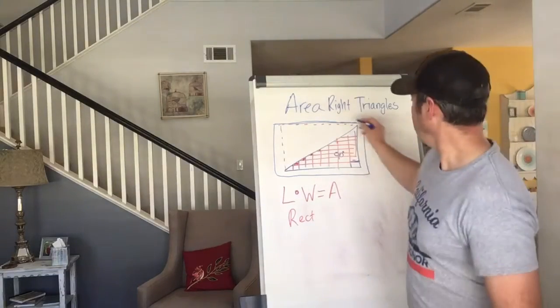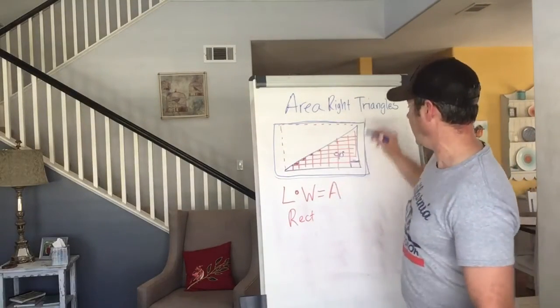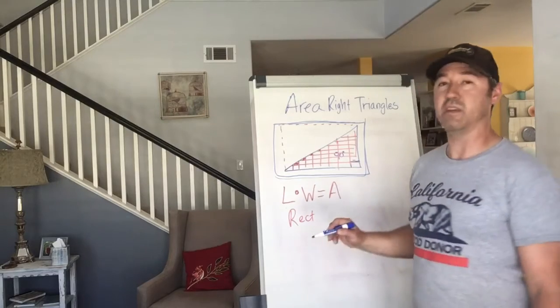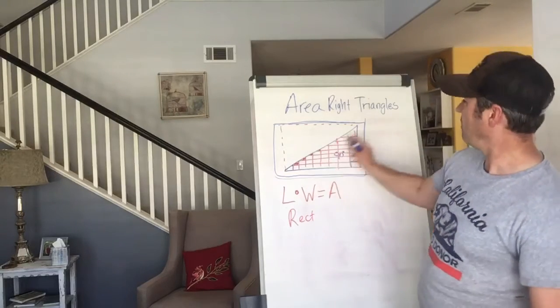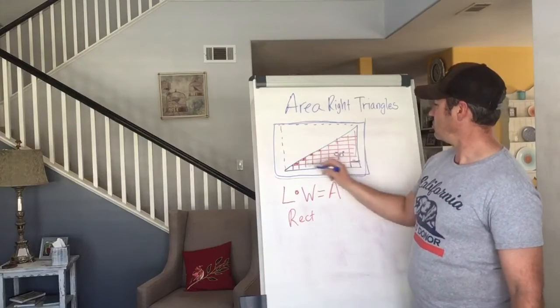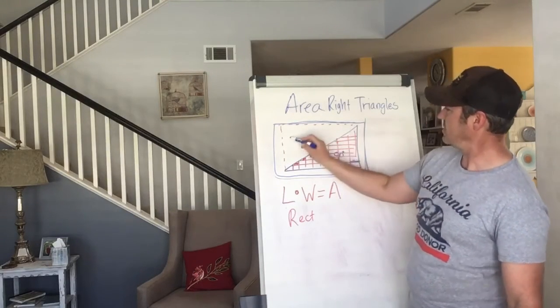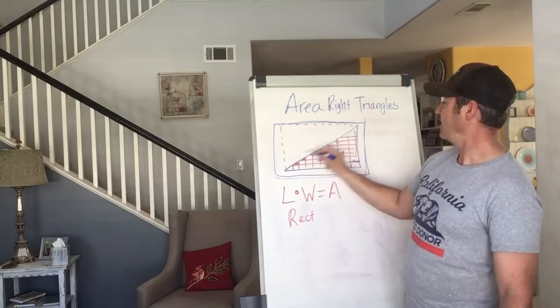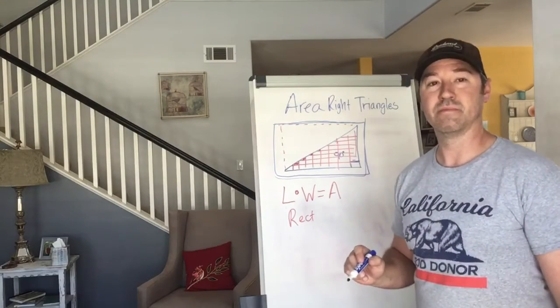So we know if we wanted to calculate the area of this rectangle, we could use length times width equals area. And some of you might be able to see already that it sure does look like this triangle is about the same size and shape as this other triangle.